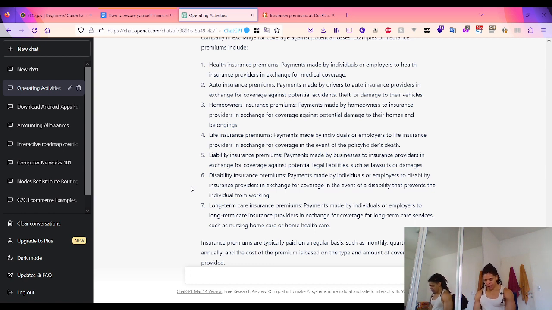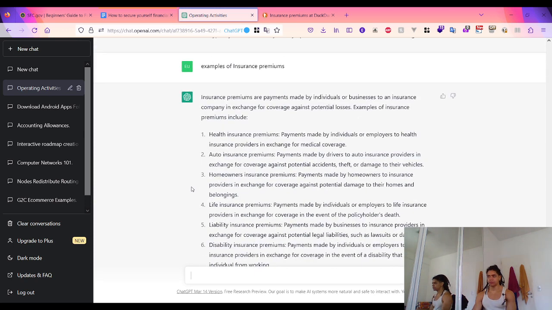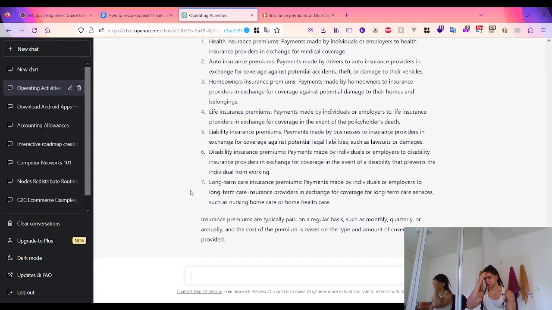Premium or insurance premium, such as health, auto, homeowners, life, liabilities, potential legal liabilities such as lawsuit or demand, disability insurance, long-term care insurance premium.